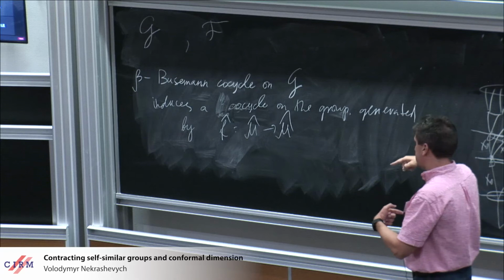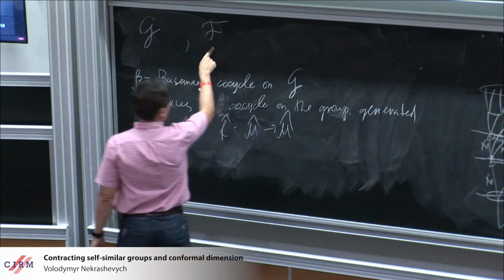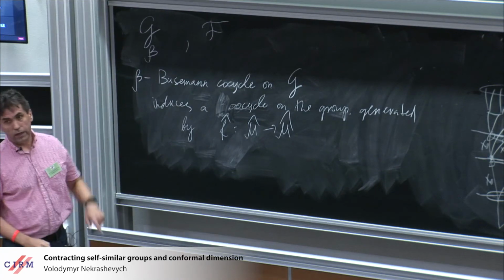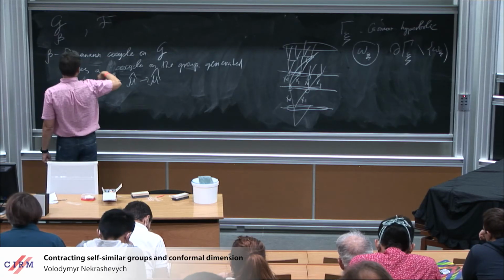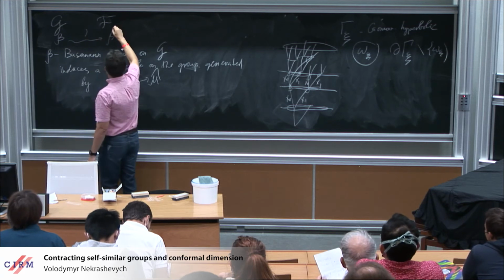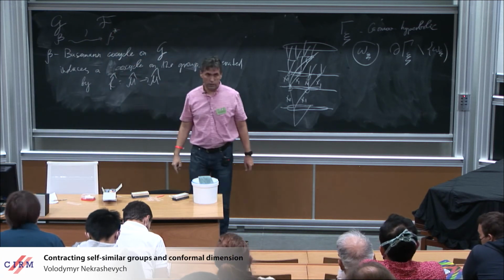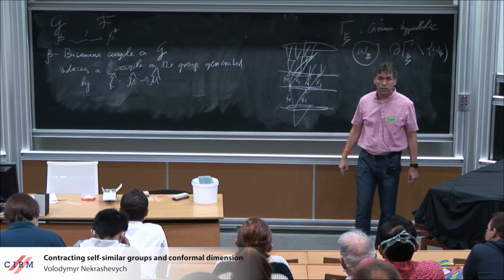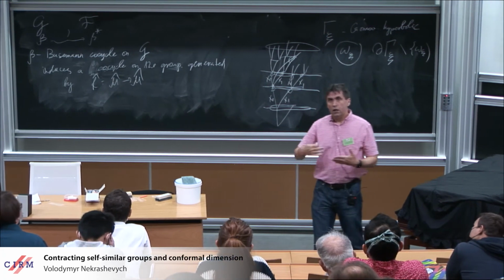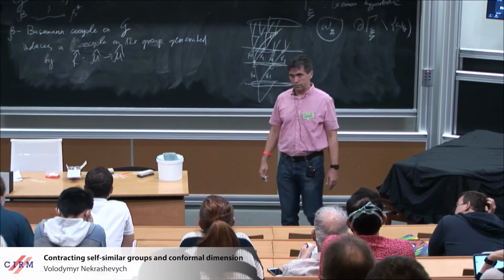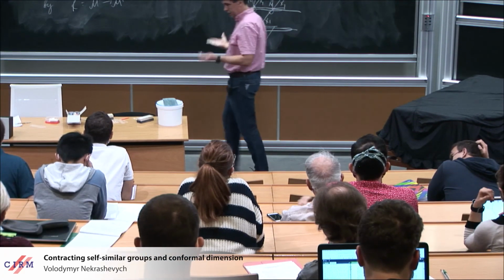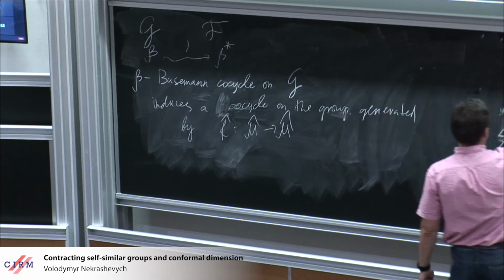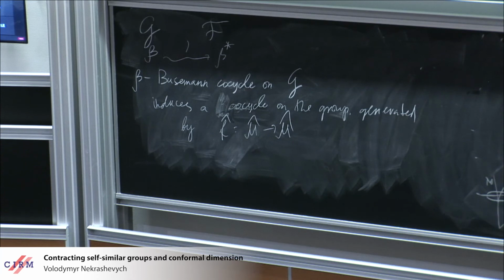And then this cocycle induces a Busemann cocycle on the other groupoid. So if you start from a Busemann cocycle on a Cayley graph of one groupoid, through the natural extension, you get a dual Busemann cocycle on the other groupoid. So if you start from the derivative, for example, for a rational function, you get a cocycle on the groupoid for the self-similar group. So the project which I mentioned is to study Busemann cocycles on self-similar groups.